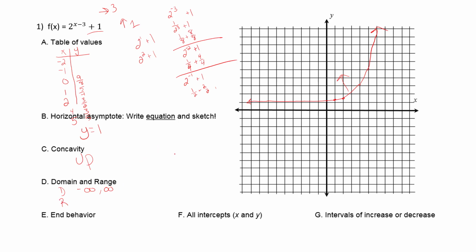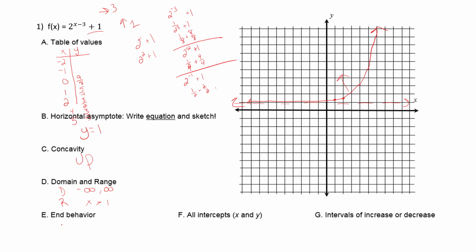Well, what about range? Well, we just said that y equals 1 is our asymptote. Our graph is approaching it, but never touching it. So really, any value above our asymptote would be part of the range. So y is greater than 1.